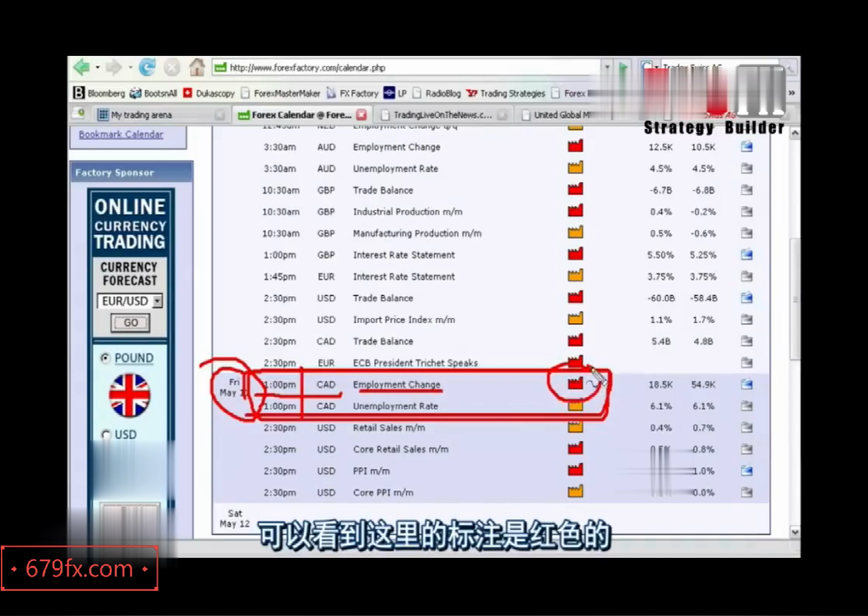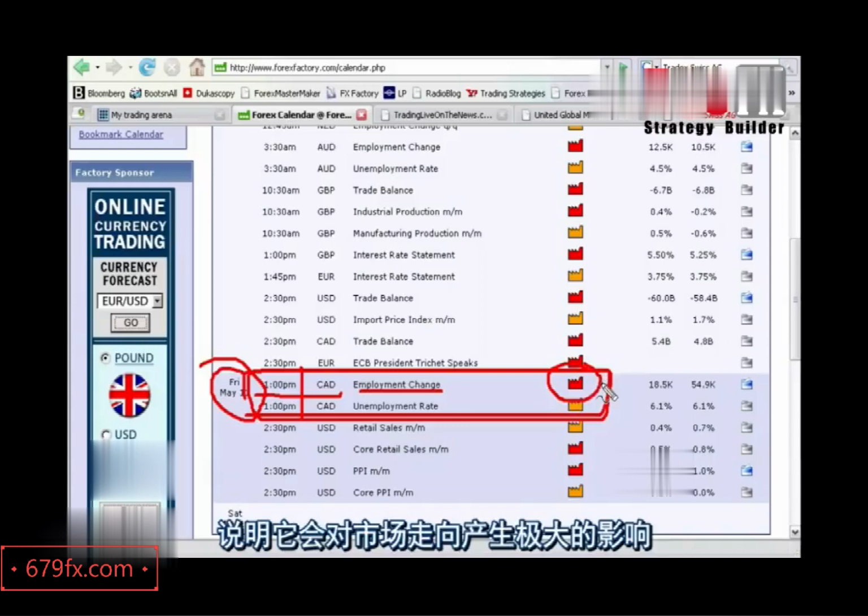As you can see, it's labeled in red, which means high impact, high volatility. This fundamental release could cause high volatility on the chart, should the actual data deviate from what the analysts had expected.